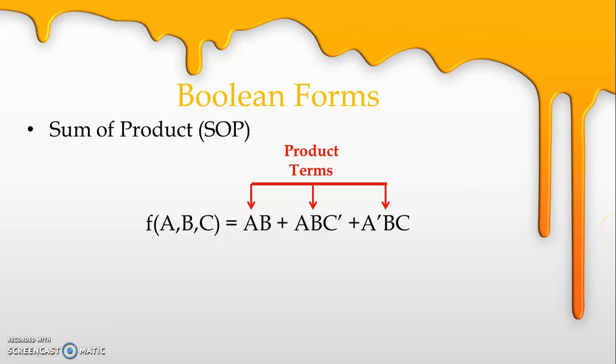We have 3 product terms, and we have added all the product terms together. The plus sign is for the logical OR operation, and it is known as a sum. So this type of representation is known as the sum of product, SOP. We have a sum of different products: a total of 3 products added together. Sum is the OR operation, and product is the AND operation.